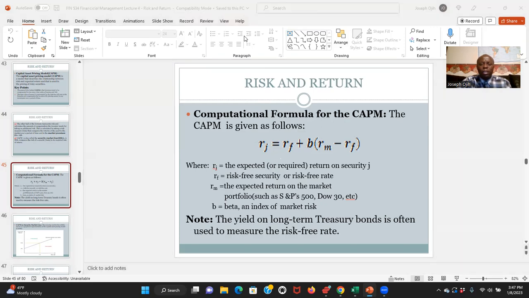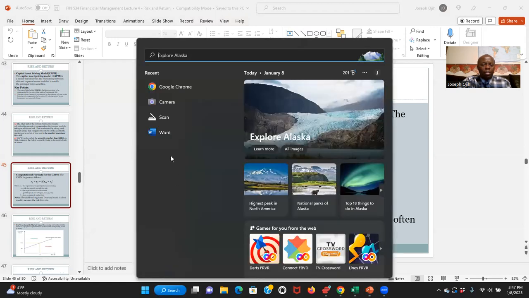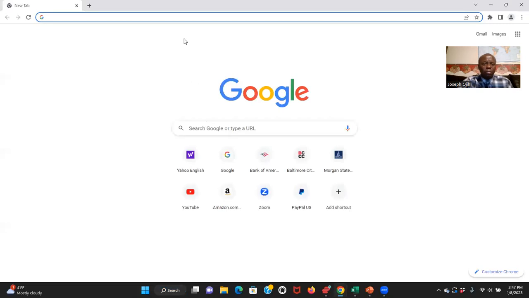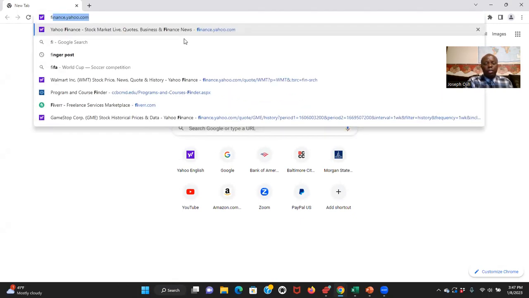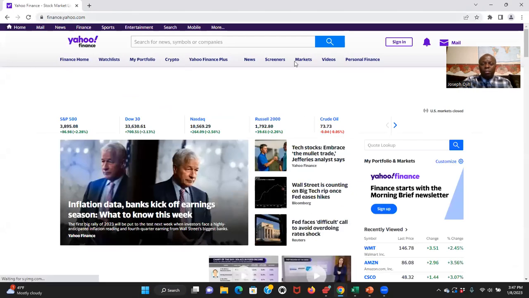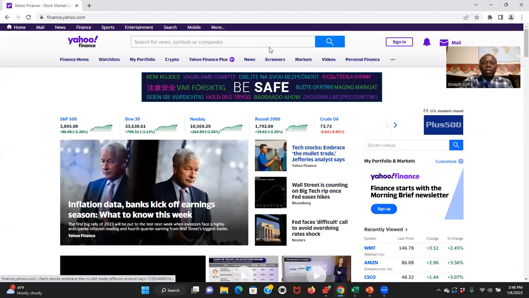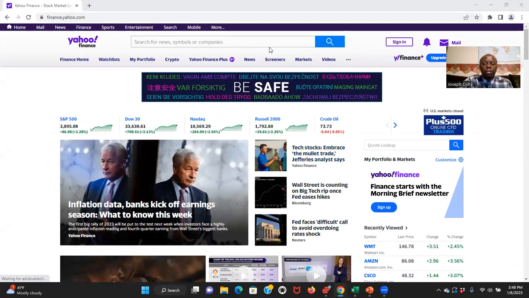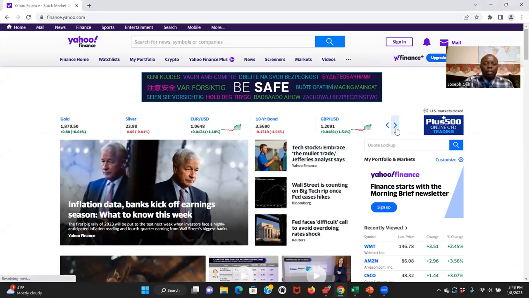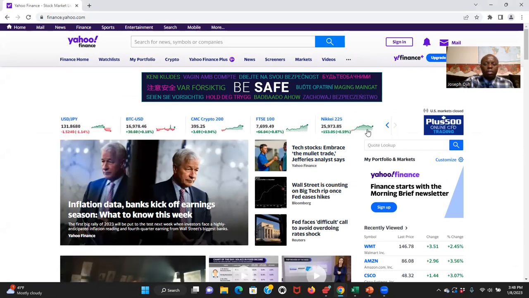To do that, I'm going to open a new page. We can use the return on those bonds. What I'm going to show is the type of treasury security that I'm referring to. So I'm going to use Yahoo Finance, and I'm going to go all the way to where you have the return on the treasury.